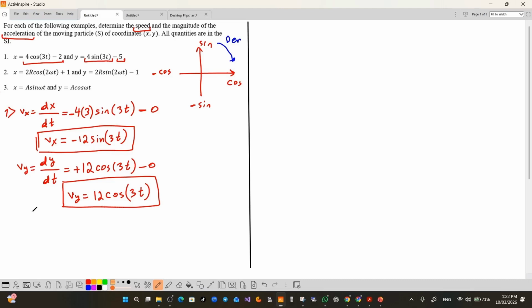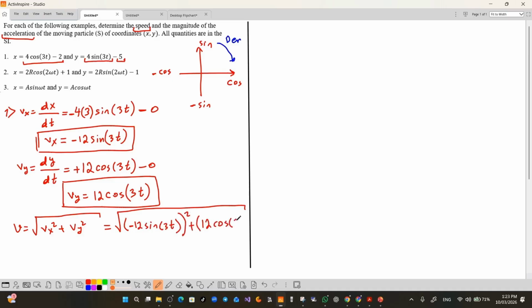Now we have the two ingredients to construct our speed. So the speed is equal to the square root of Vx squared plus Vy squared. So we have minus 12 sine 3t squared plus 12 cosine 3t squared.